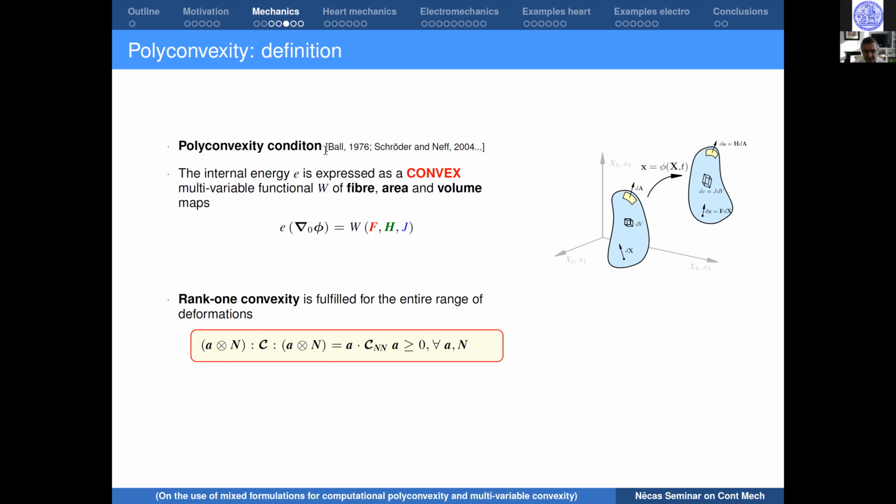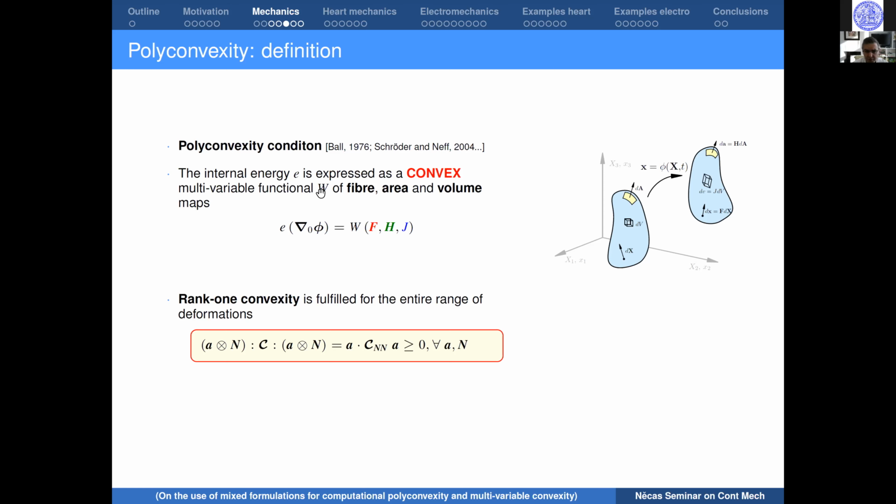So polyconvexity was introduced in the 70s by John Ball, and from the computational point of view, it was possibly exploited for the first time, I believe, in the early 2000s by Schroeder and Neff and many others since then.